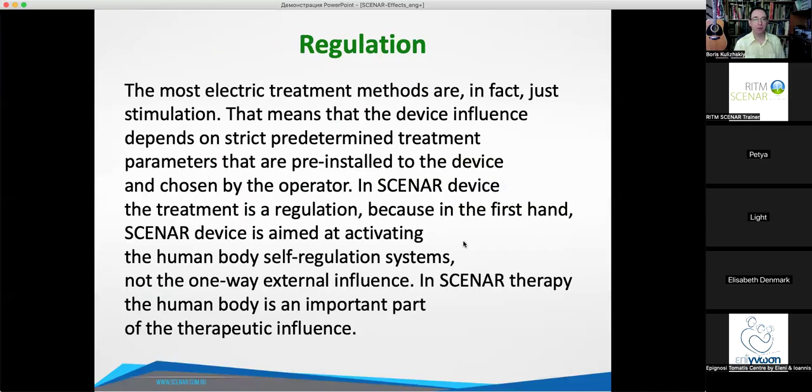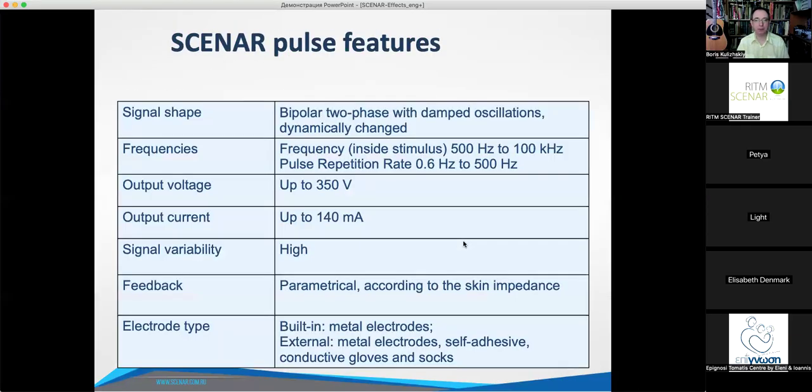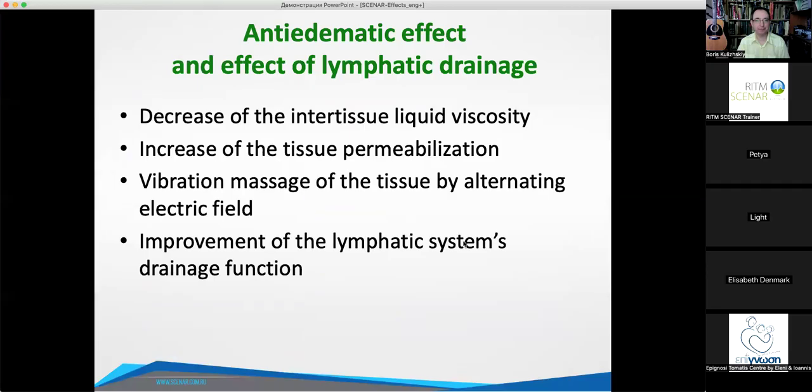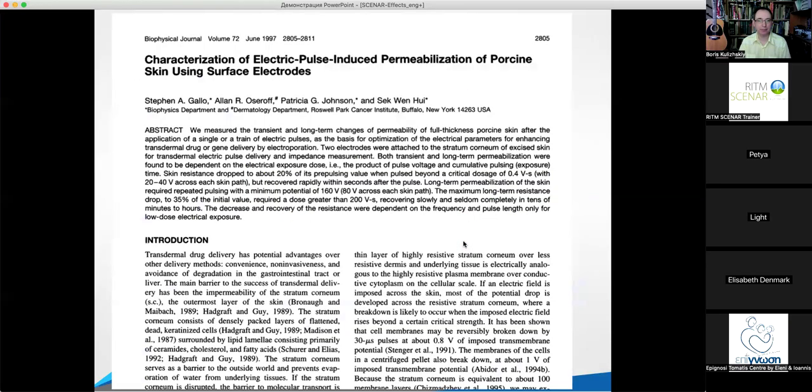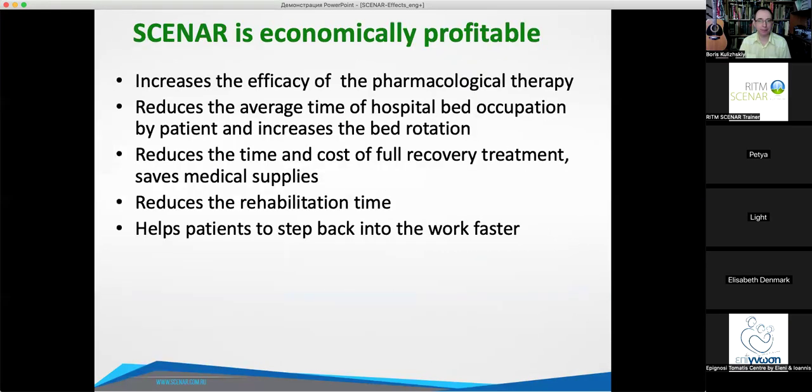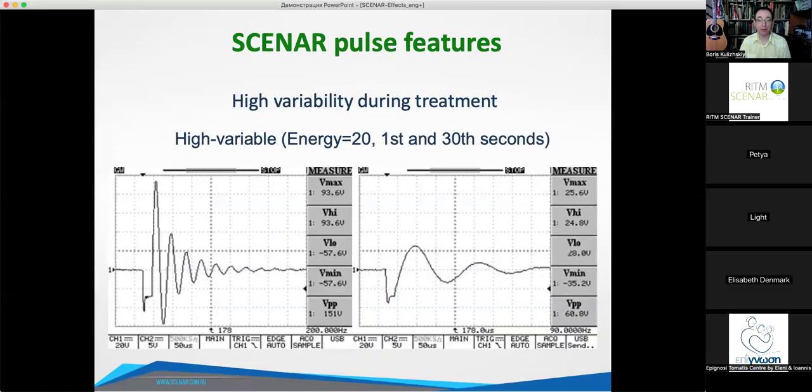Now, I talked about this frequency. This is a frequency inside the pulse.